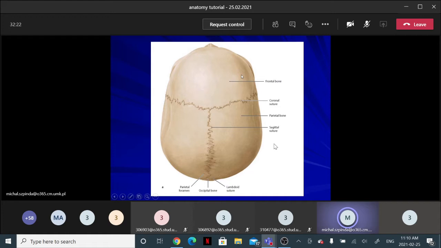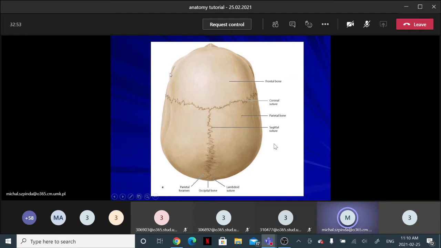So from above, anteriorly, posteriorly, laterally, and finally the inferior aspect. The inferior aspect is the most difficult, and the superior aspect that's visible here is easiest.